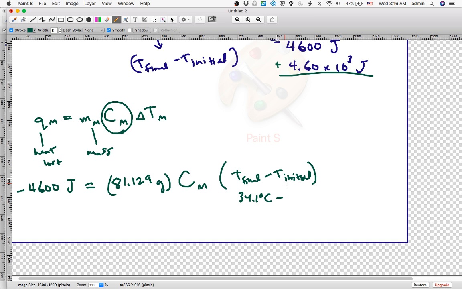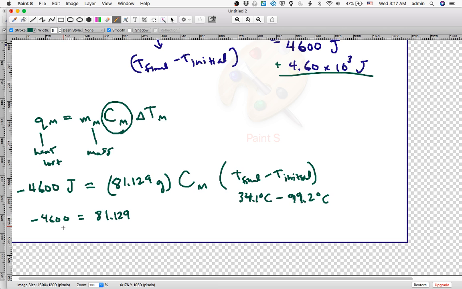This is 99.2 degrees Celsius. Alrighty. So now we have T final minus T initial. Now we can solve this equation. This is negative 4,600 equals 81.129.